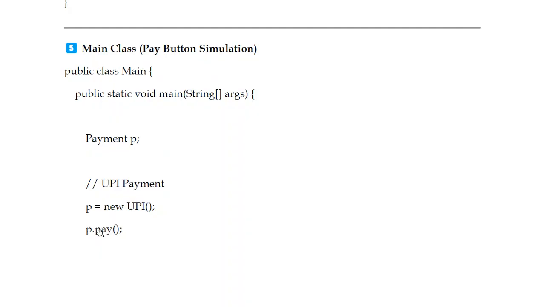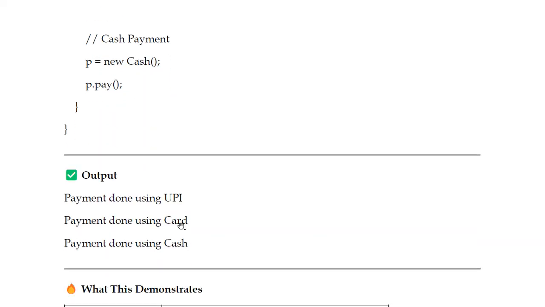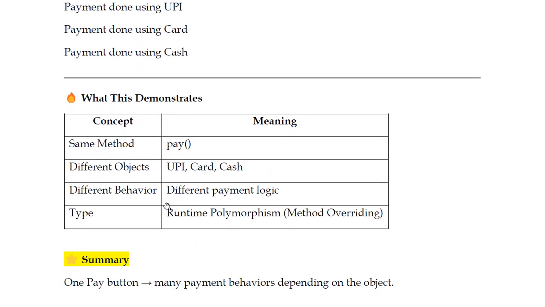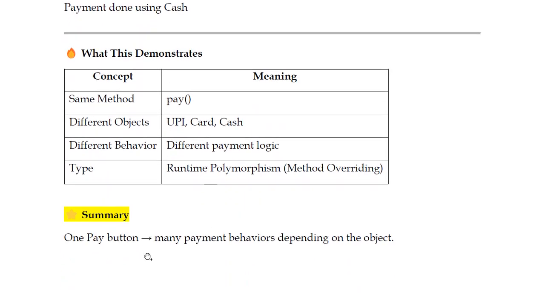During compile time, only the reference type is considered. This method also refers to the parent class payment: p pay, p refers to the parent class pay method. At runtime only, this parent class p refers to the child class object methods: UPI, card, cash. I hope this is clear. The pay button is an action or behavior, which we can call by a simple name, a task name, or a method or action name.